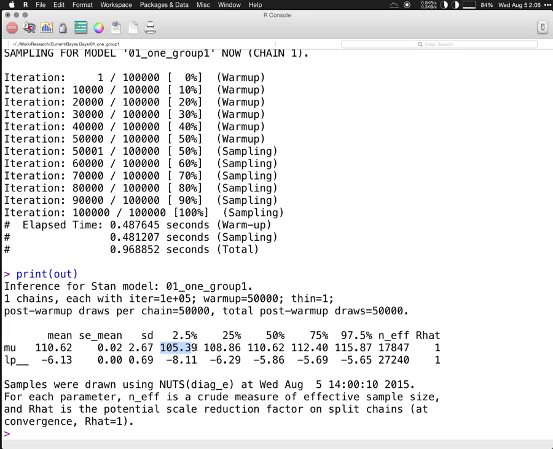Having established this new belief distribution and the 2.5% value and the 97.5% value, what can we say about our beliefs?